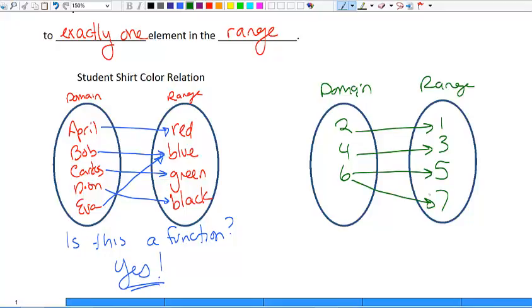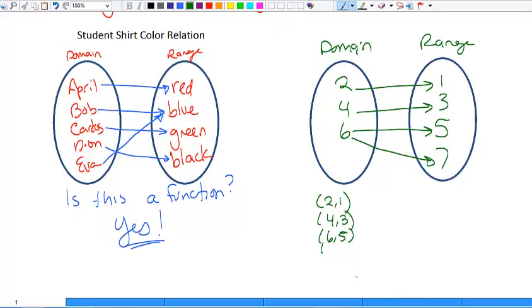So if I was to write all of these out, I would get the points (2, 1), (4, 3), (6, 5), and (6, 7). So those are my points. This mapping and this are the same, just two different ways of representing a relation.